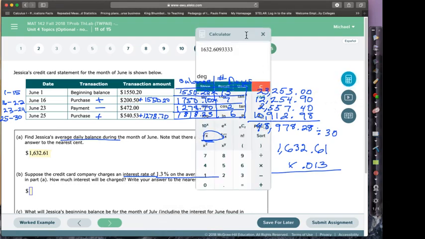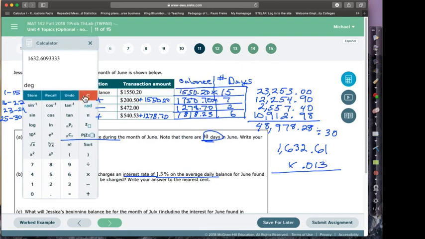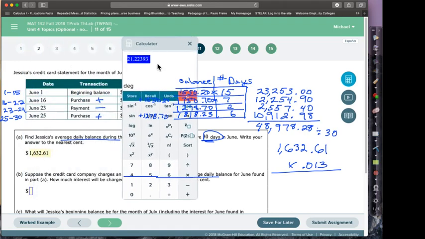We're going to clear this out. 1632.61 times 0.013. So $21.22, rounded accurately. $21.22. That's our interest.